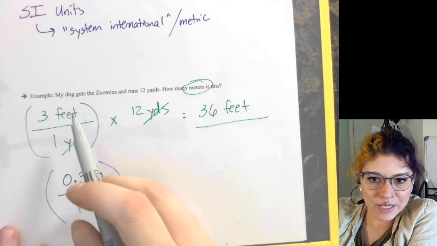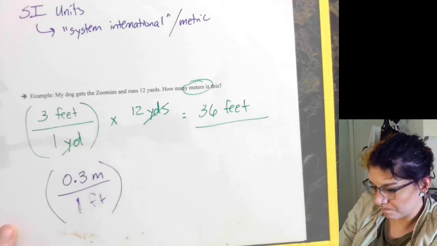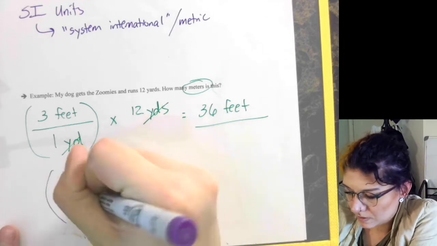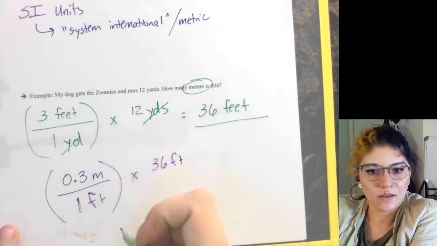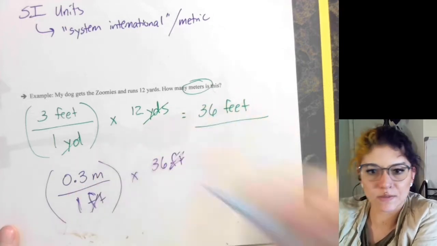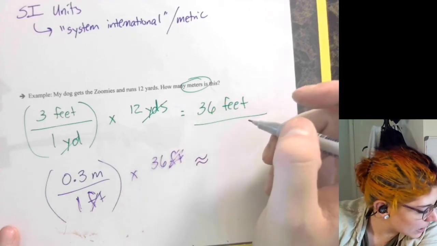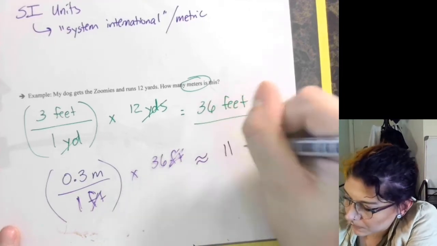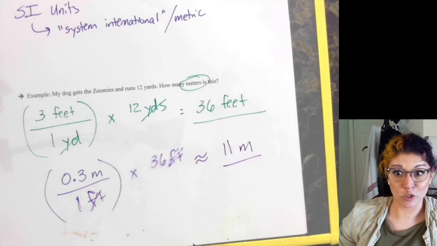Yards cancel, so I end up with feet. And here, I know I have 36 feet. Ooh, look, these units cancel. And I end up with approximately 11 meters that my dog has run with her zoomies.